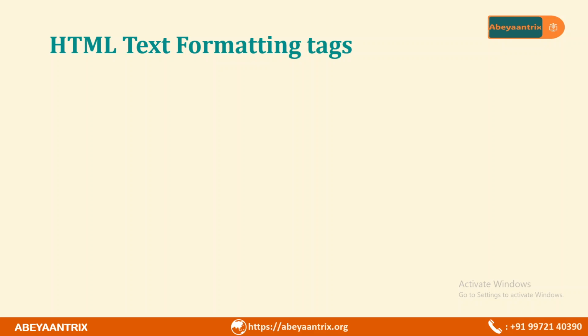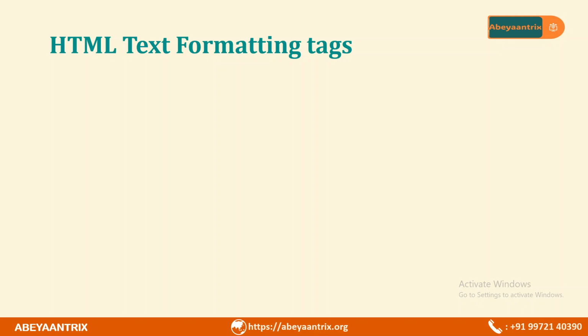By the end of this tutorial, you will learn different ways of creating chemical formulas or mathematical expressions in HTML, code snippets, quotations, interactive progress bars, meters, and much more. Let's get started. Text formatting tags are HTML elements that change how text appears or behaves on the web page.